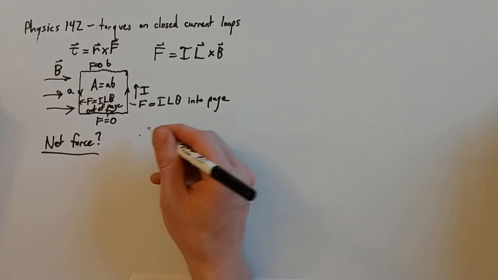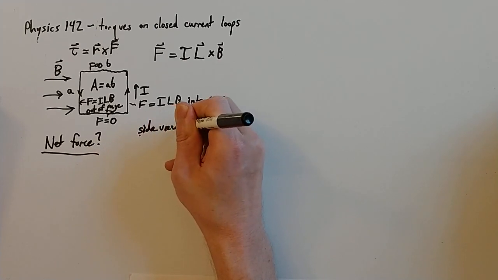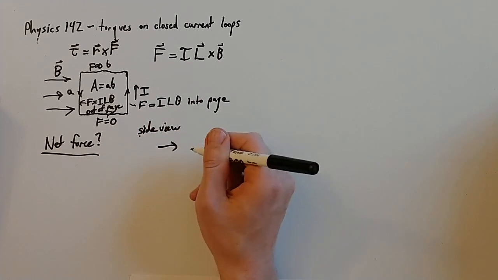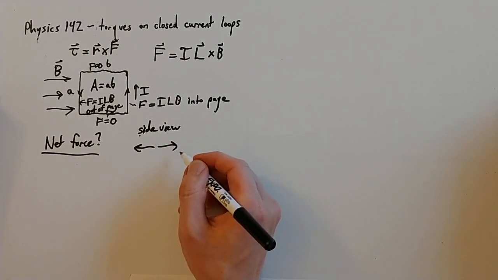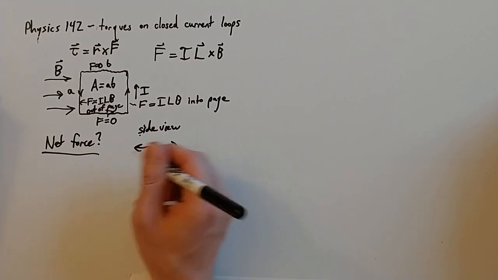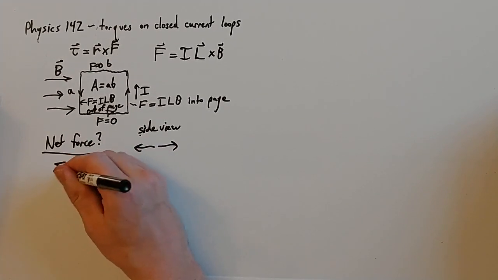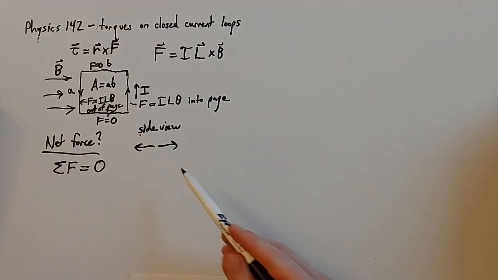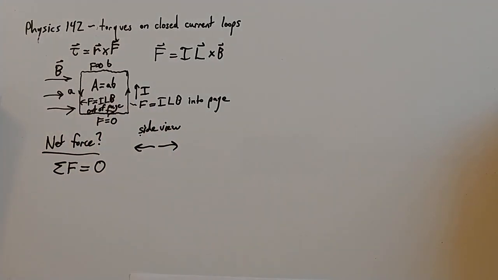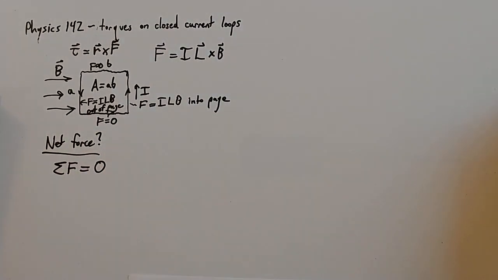If we did this from a side view, we would have ILB into the page and ILB out of the page, and so those would cancel, and the net force, if we added up all of the forces, would just be 0. All right, so the net force on a current loop from a magnetic field always ends up just being 0. So that's interesting. You don't actually end up getting any net force on this current loop.